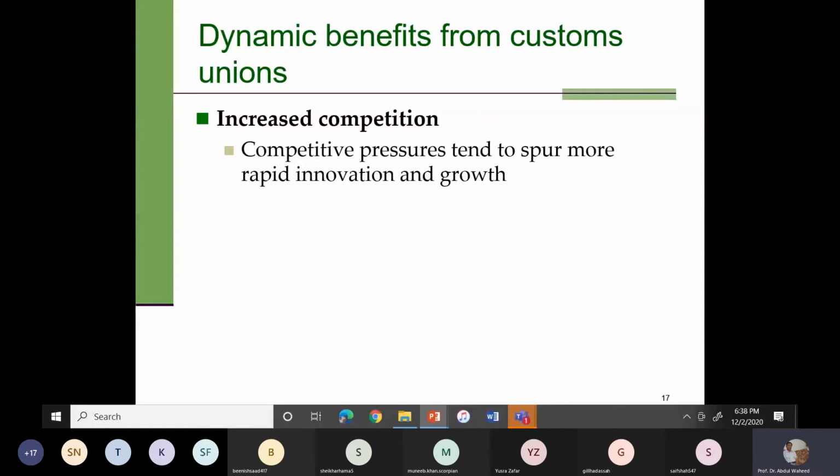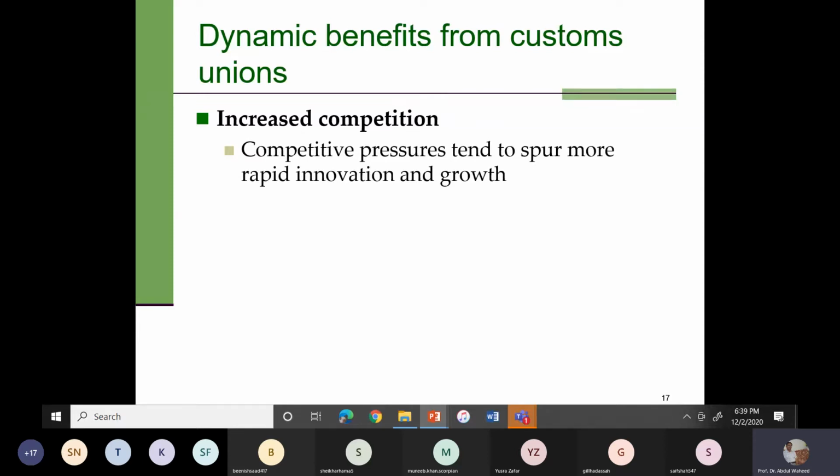Then the dynamic benefits of custom union. There will be increased competition, because before a custom union there was restricted trade, but when there is a formation of custom union, you will remove the restrictions, so it will increase competition.